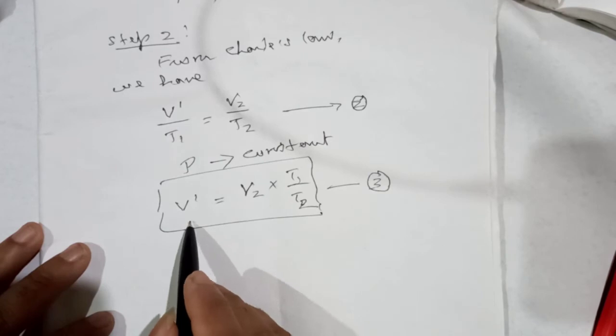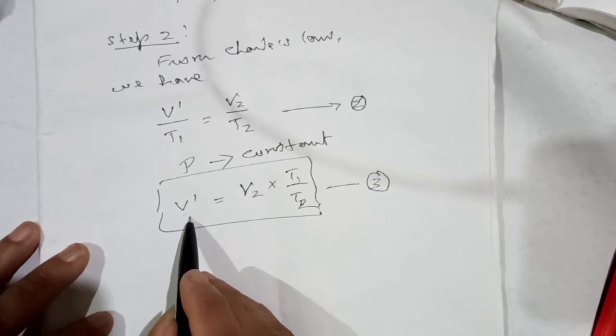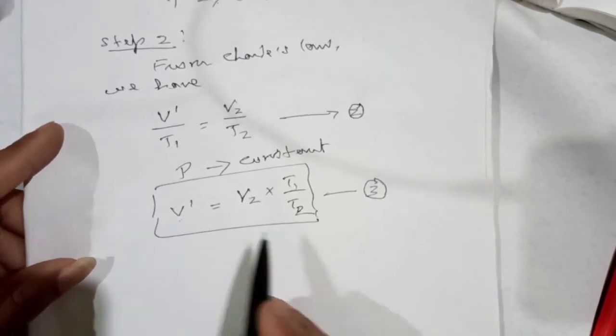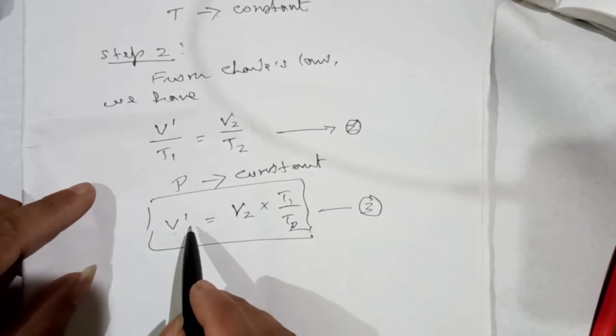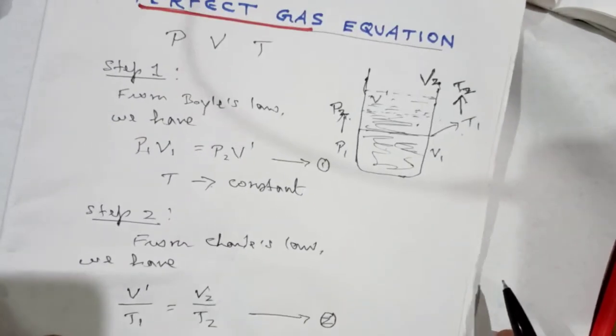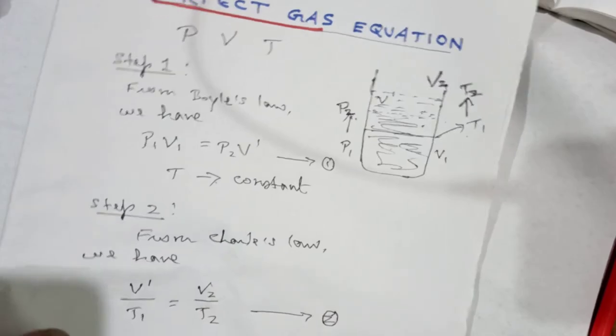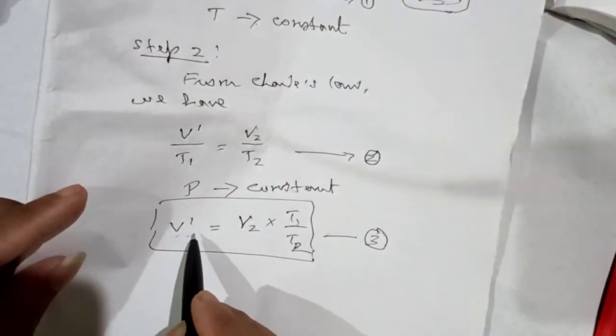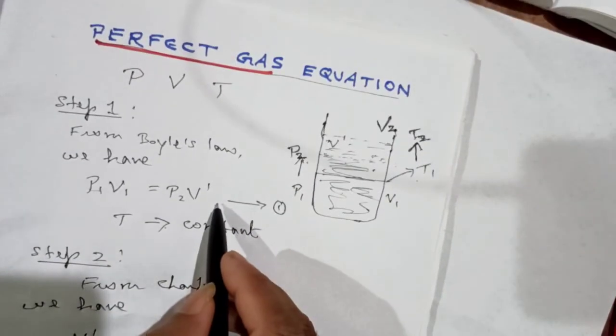Now we are going to substitute this value of V, the change of volume, in the first case, step number 1, while temperature is constant. So we will put this value of volume into this equation number 1.